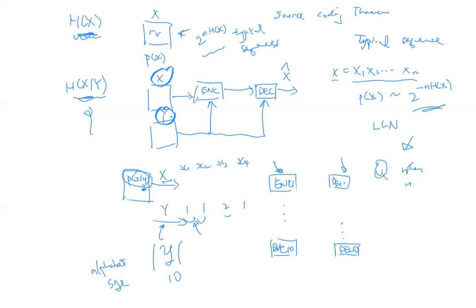When using encoder 1, that's for example at time 1, 2, and 4, on average, this is very important, how many bits are needed?